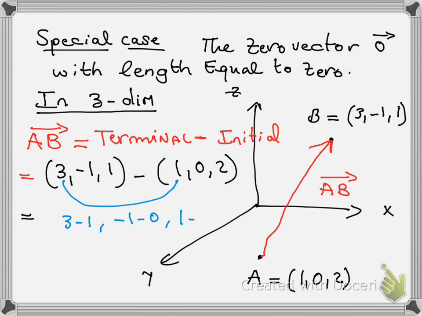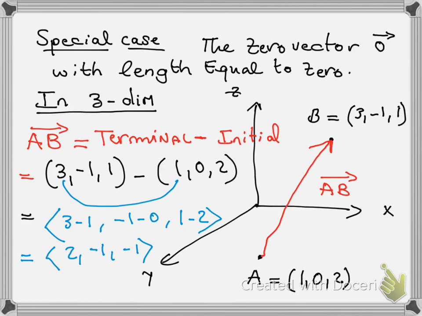That's equal to the vector 3 minus 1, which is 2, -1 minus 0, which is -1, and 1 minus 2, which is -1. So the vector AB is equal to 2, -1, -1.